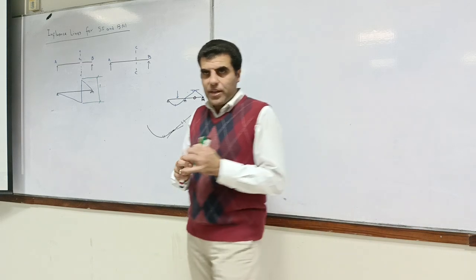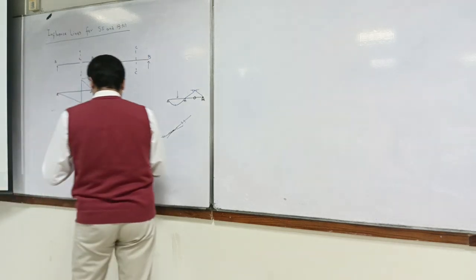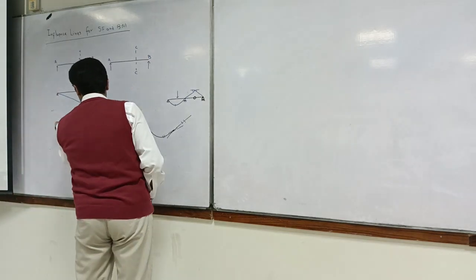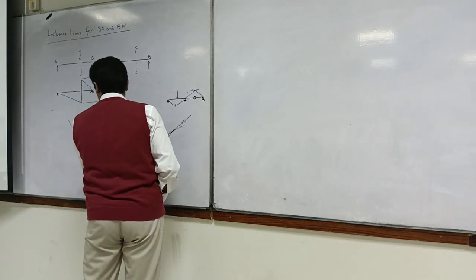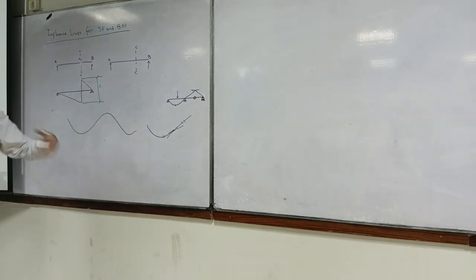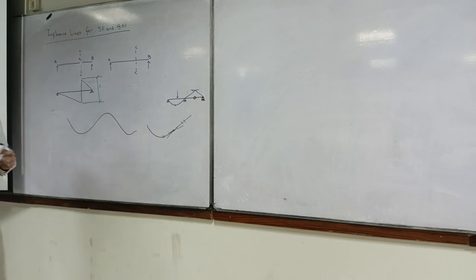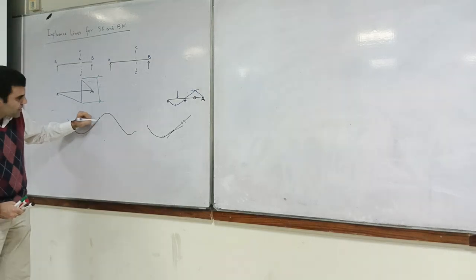What I am saying is that, for example, I have got a curve. This is a curve. It is a sine curve, or it is a cubic curve, whatever you want to call it. I take any point.